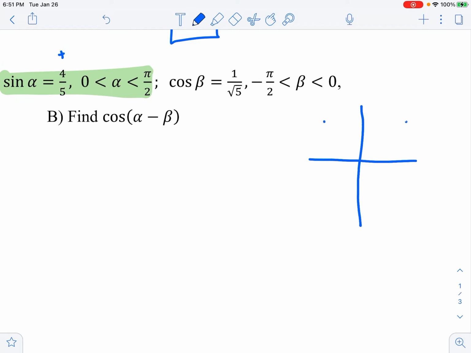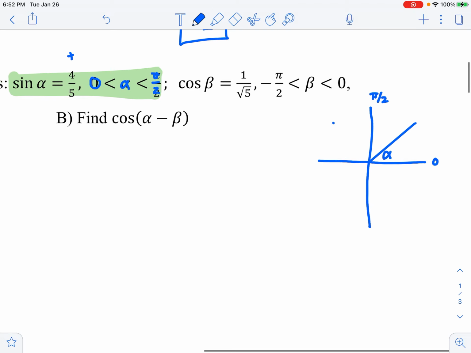The first and the second. Right? So you've got it narrowed down to those two. But then it gives you a second clue, and it tells you that alpha is in between 0 and pi over 2. So here's 0, here's pi over 2. So your angle is in your first quadrant. Okay. Your angle's in your first quadrant.